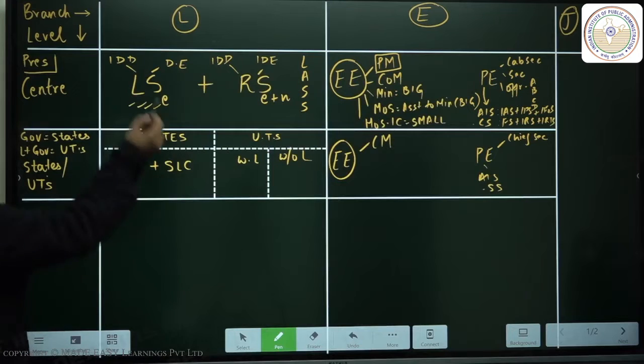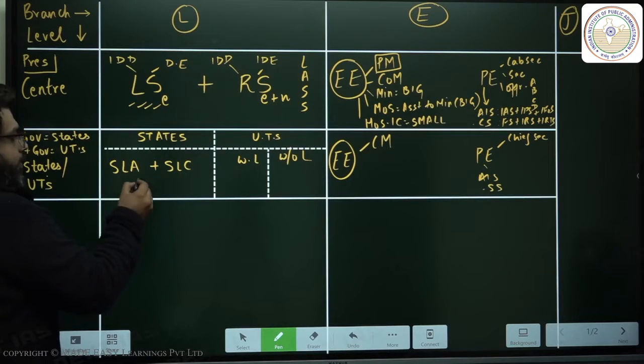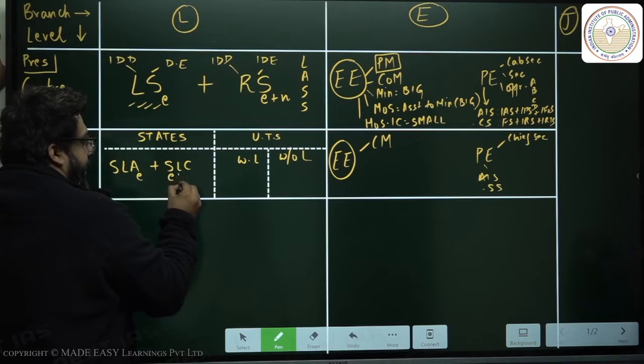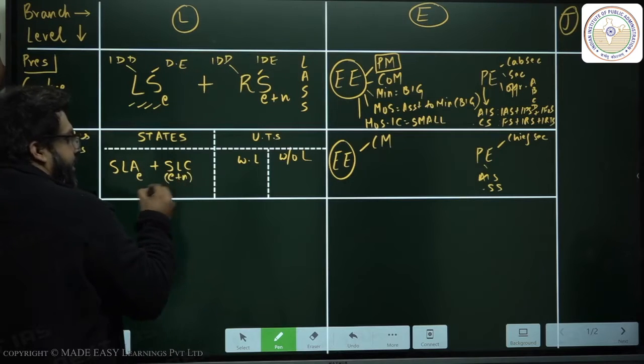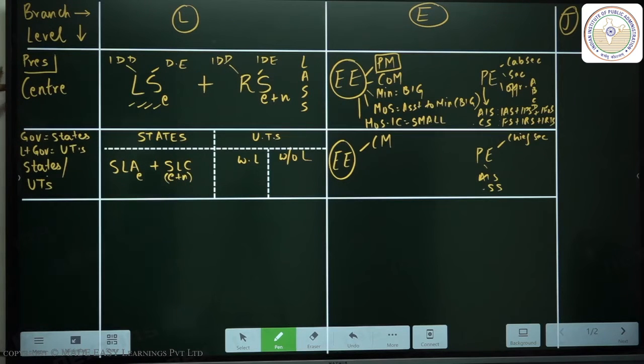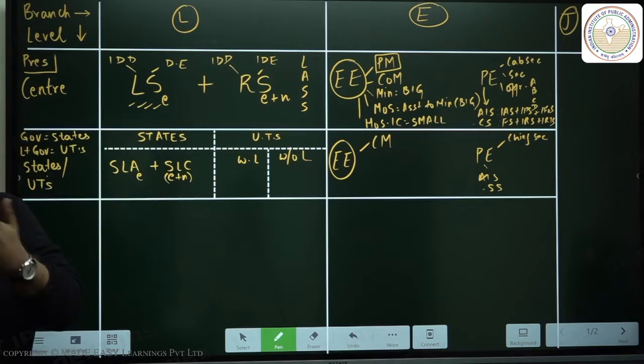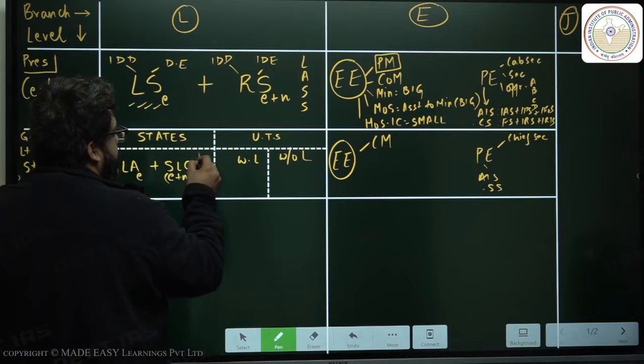So, like the Lok Sabha, you have only elected members in the legislative assemblies, but you have elected and nominated members in the legislative council. Now, if LAS is Rajya Sabha, you and I are sitting in a class, so CLASS is state legislative councils.